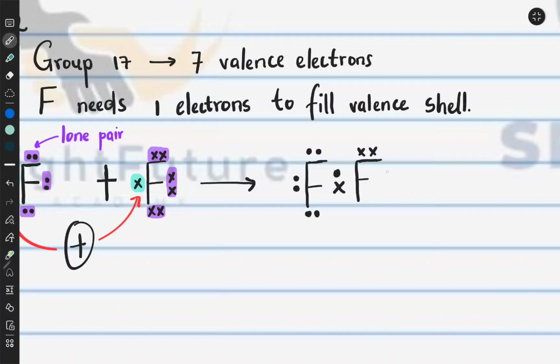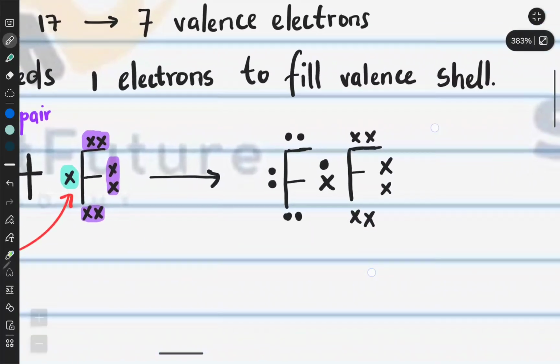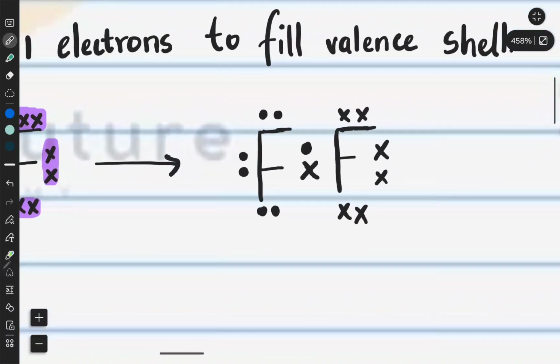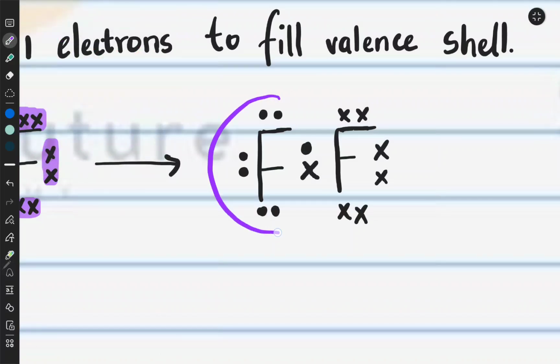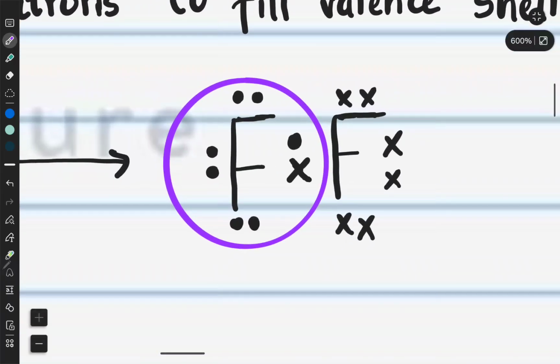This is the other fluorine atom, right? I haven't changed anything. So what happens now, if we check the first fluorine atom, if we count the electrons that are in its valence shell, you will find that now it's 1, 2, 3, 4, 5, 6, 7, 8.